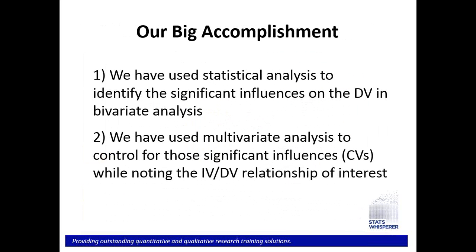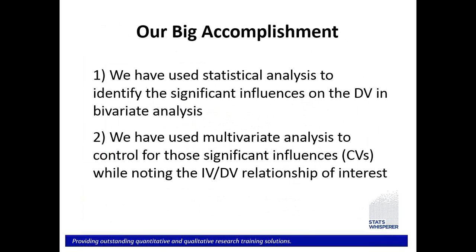So our big accomplishment: we have used statistical analysis to identify the significant influences on the dependent variable happiness in bivariate analysis. Then, too, we used multivariate analysis to control for those significant influences of the covariate variables while noting the independent-dependent variable relationship of interest.